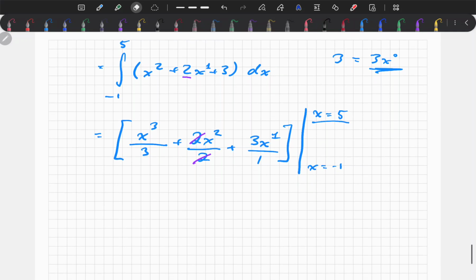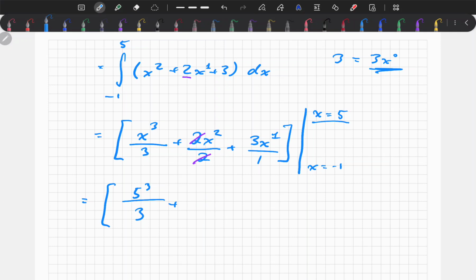So we're going to plug in x equals 5 everywhere. So we have 5 cubed over 3 plus 5 squared over 1. I didn't have to write that.